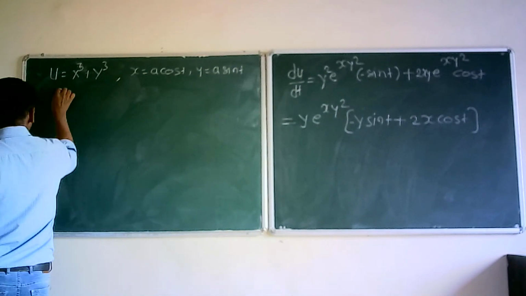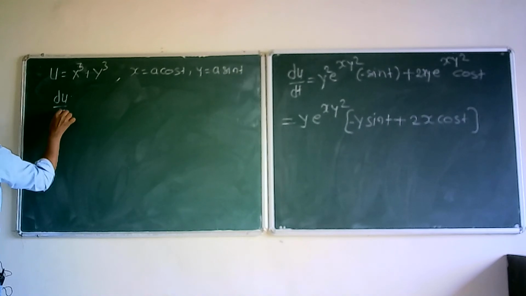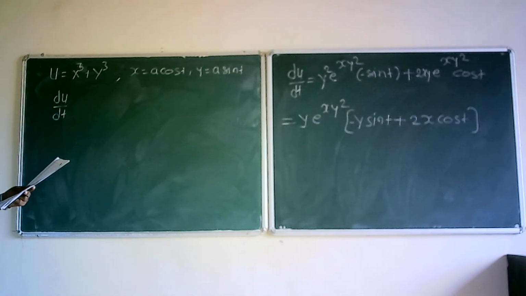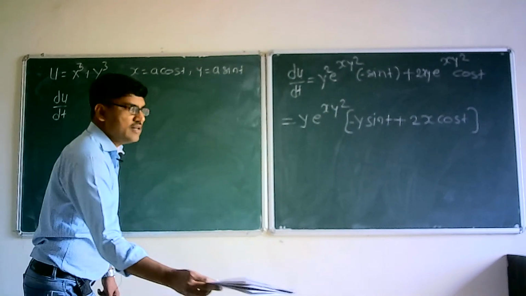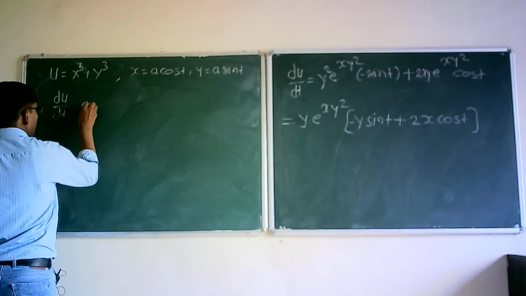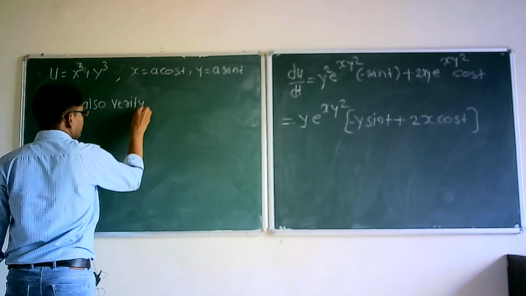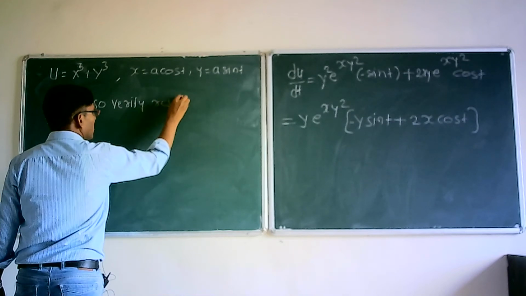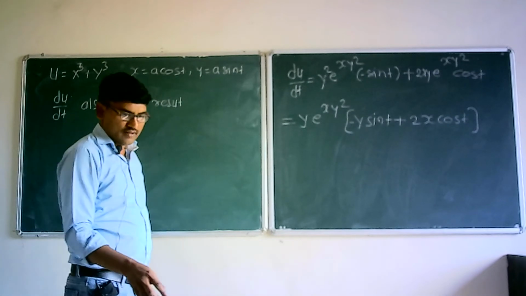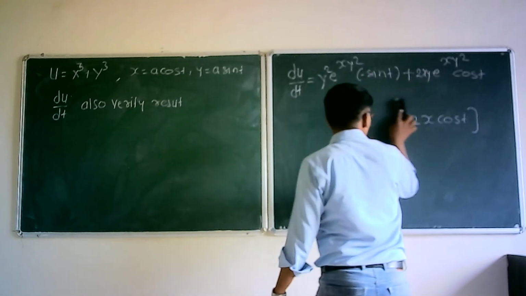Find the value of du by dt, and also verify the result. How to verify the result? By finding the composite function.